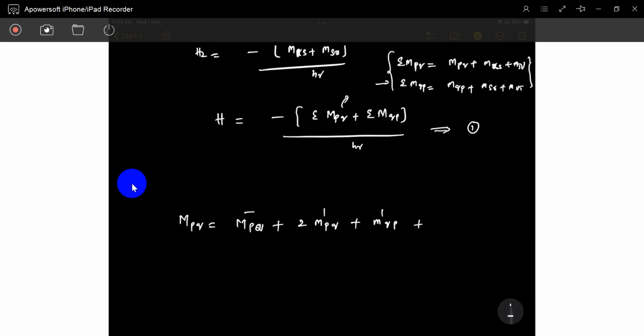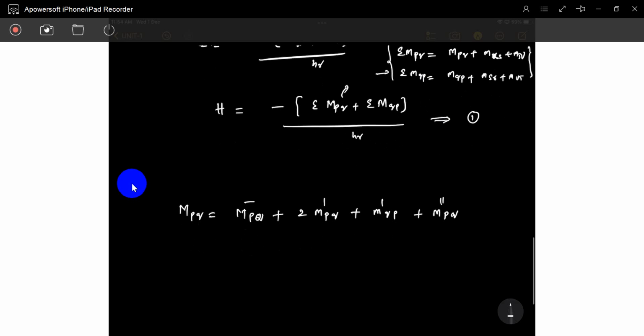And plus the translational contribution, double dash, which we already know. Again, for QP: final moment, fixed end moment QP, plus the rotational contribution at Q towards P, rotational contribution at P towards Q, plus the translational contribution at Q towards P.